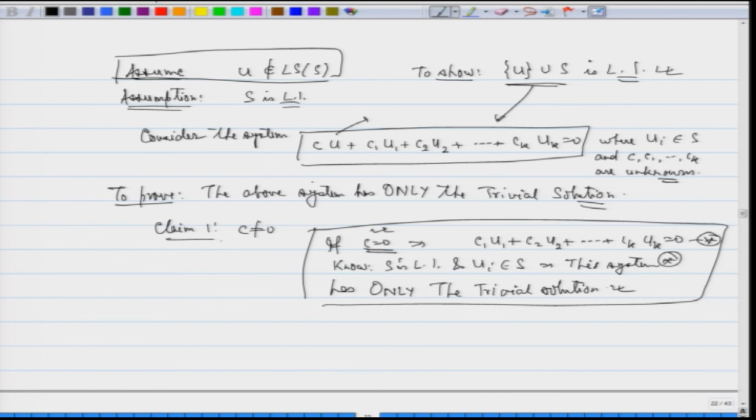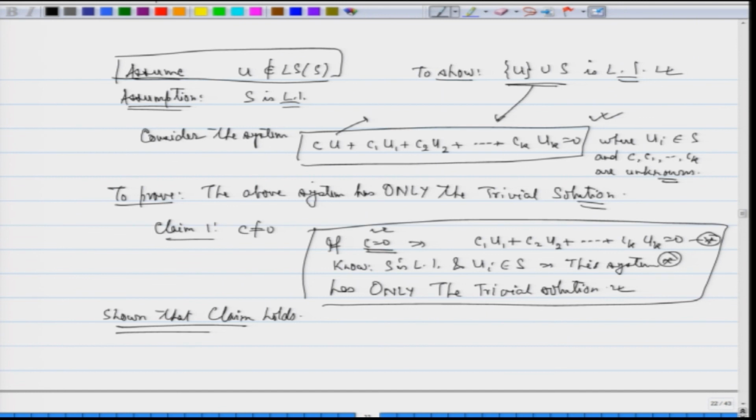So, now we have shown that the claim holds. Let us understand this very important idea. We have a system of equations where we have to show that each Ci and C is 0.